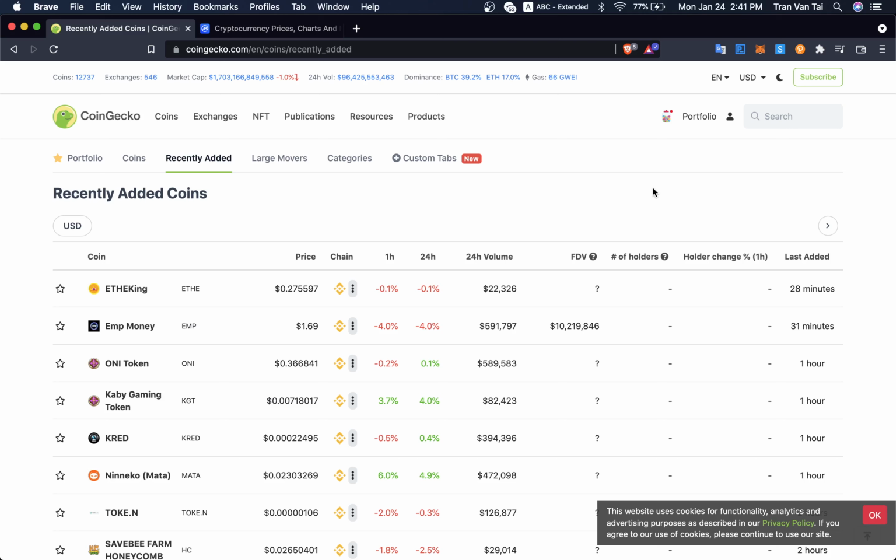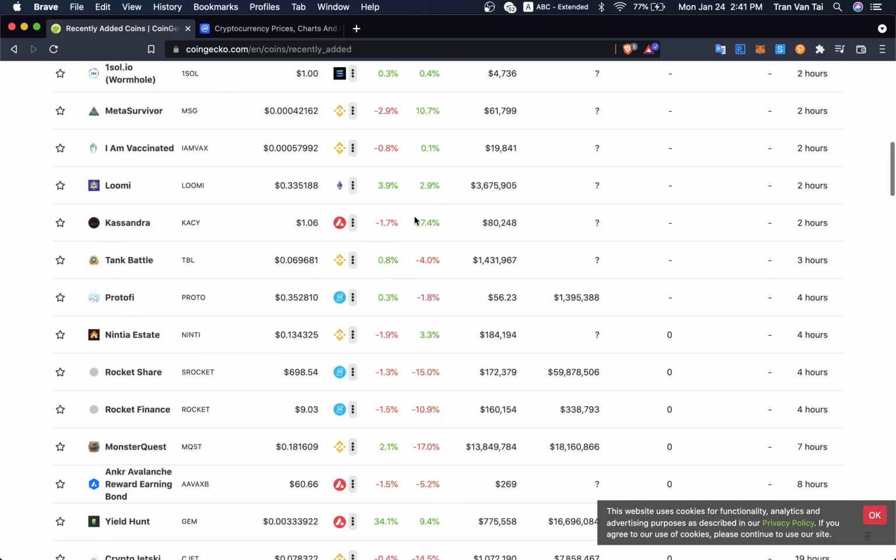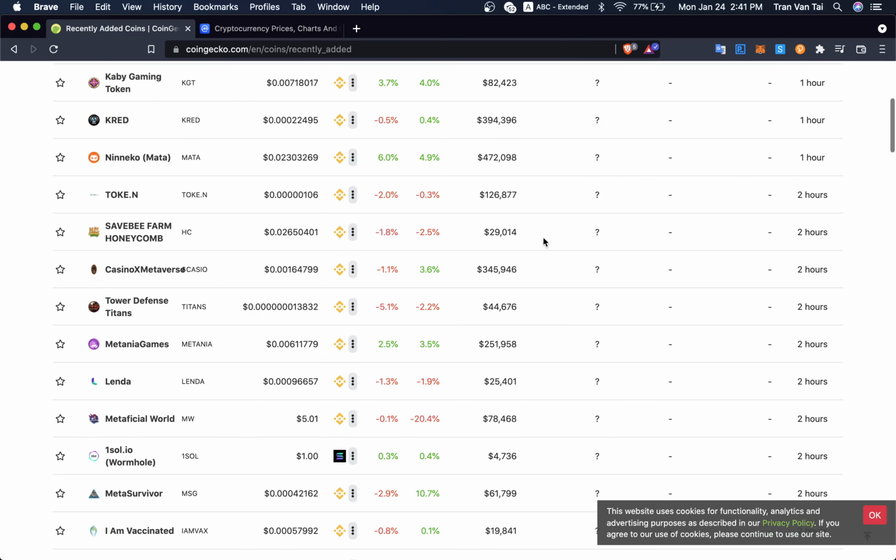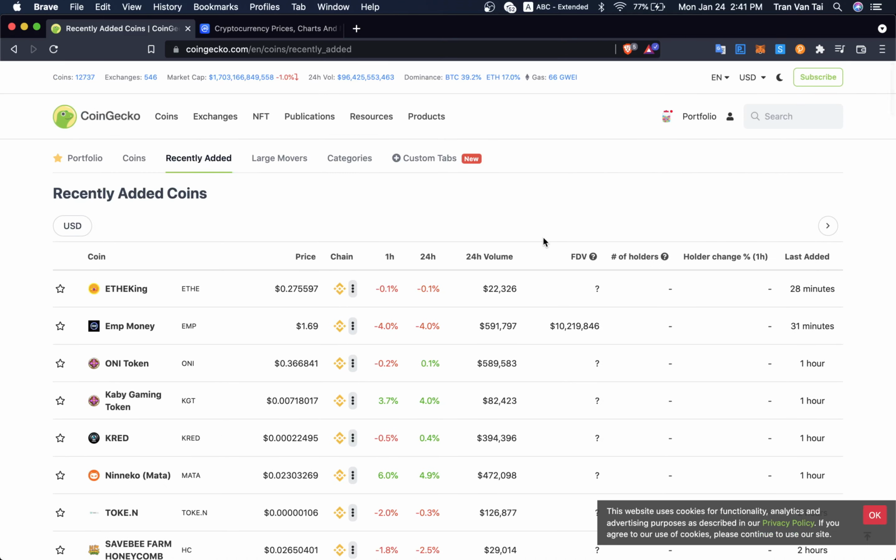Tokens are listed on CoinMarketCap or centralized exchanges such as Binance, Gate.io, MEXC Global, Huobi Global. There are many types here. You can gain experience yourself, but I don't want to get into detail because it would make my video quite long, and I just want to keep it short.